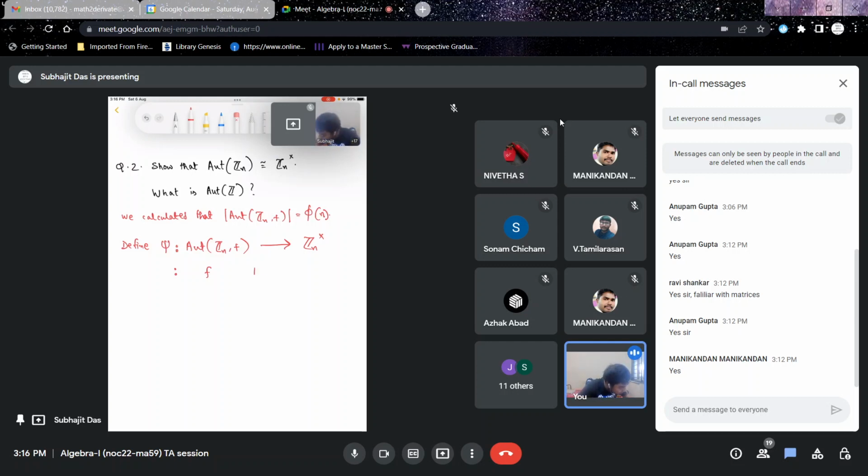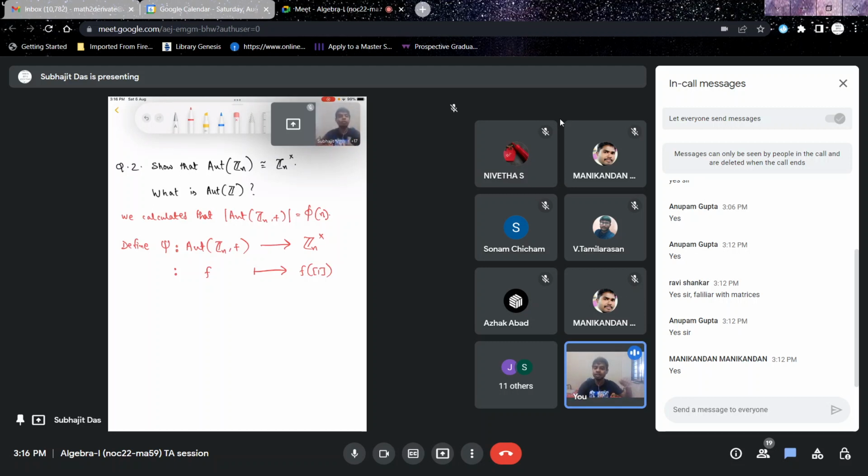We map f onto the image of the class of 1 under f, right? As I said a few minutes back, if f is an automorphism, it should take a generator onto a generator. So if 1 is a generator, and you apply the automorphism f on 1, then f should map 1 onto a generator of Zn, right?